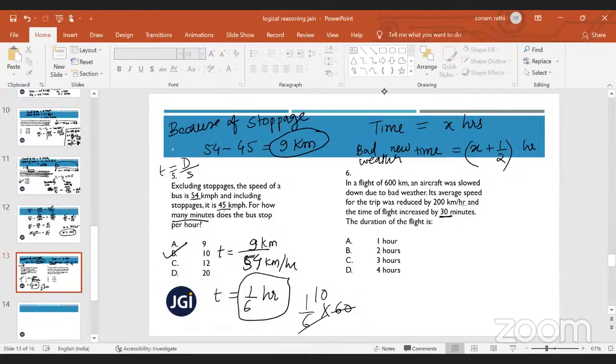Correct? Is it clear to everyone? Initially time was x hours, but because of bad weather, 30 minutes is increased. 30 minutes is 1 by 2 hours. So x plus 1 by 2 hour.